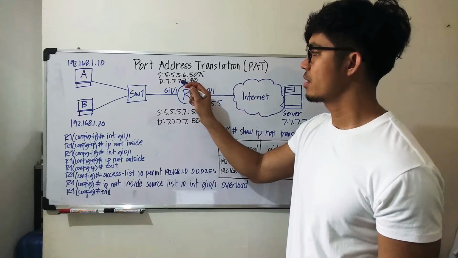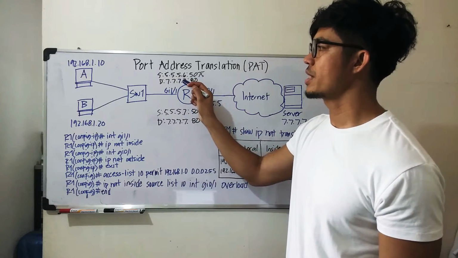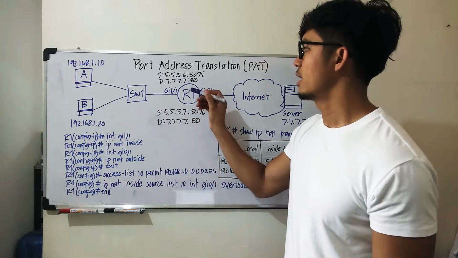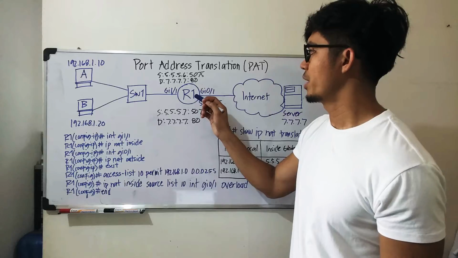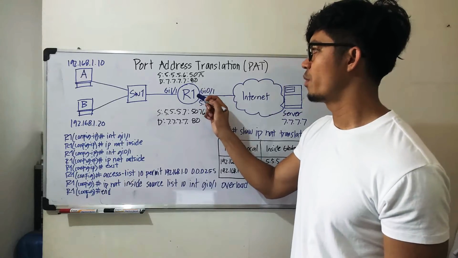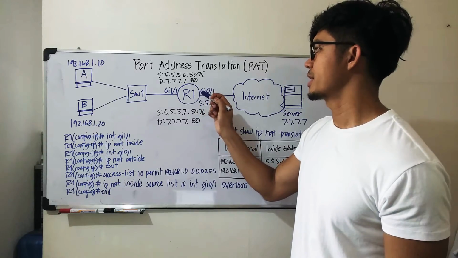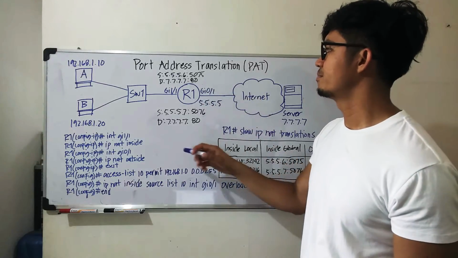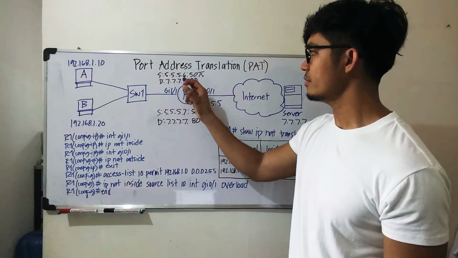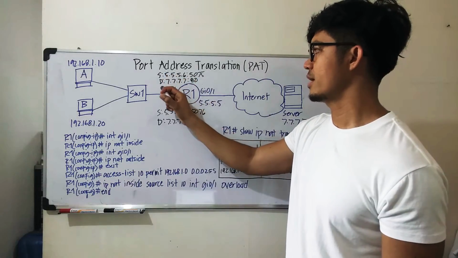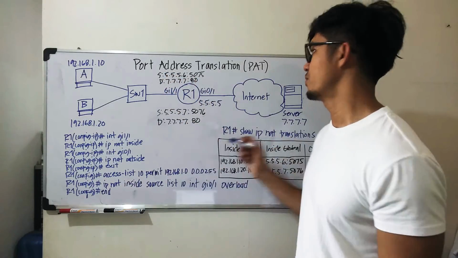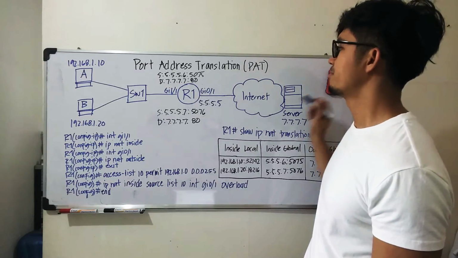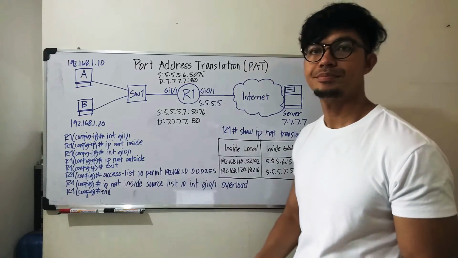So this will be how that IP packet will look like when R1 sends that IP packet onto the internet. So this is the source IP, and this is the destination IP, which is the IP of the web server.